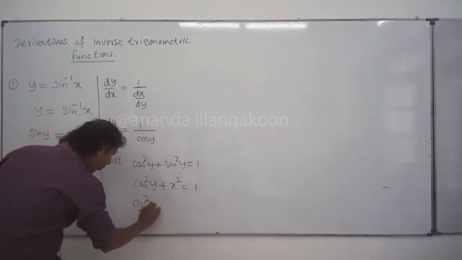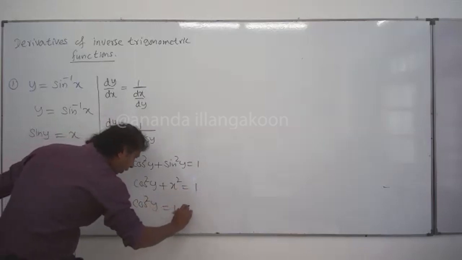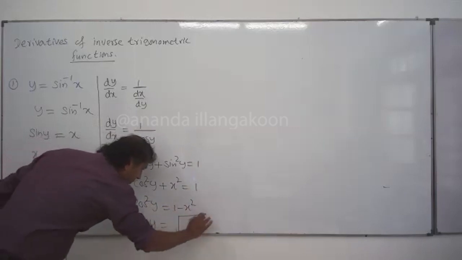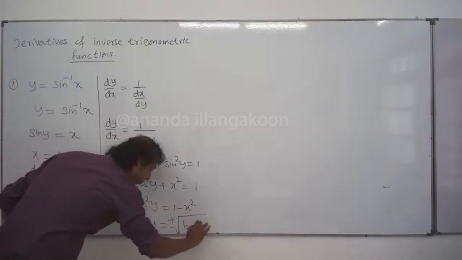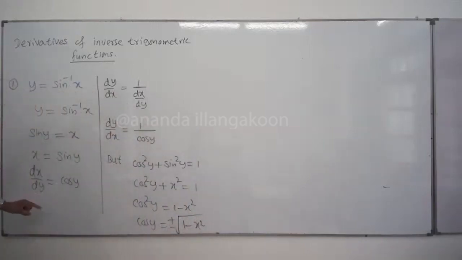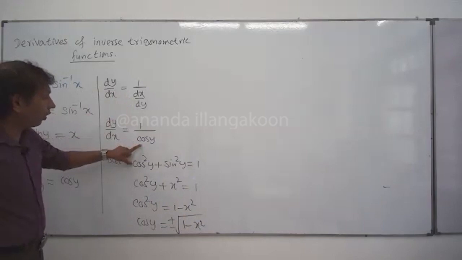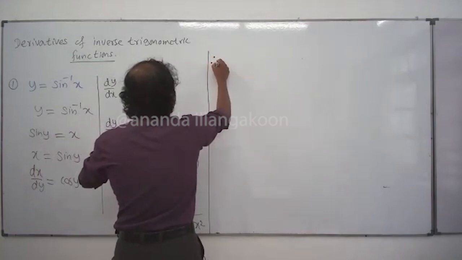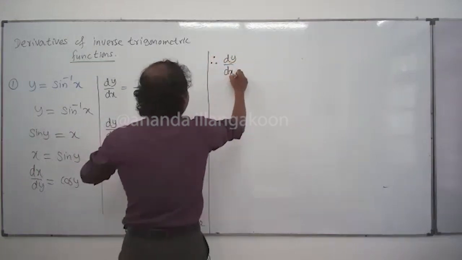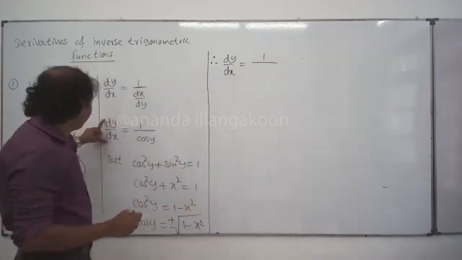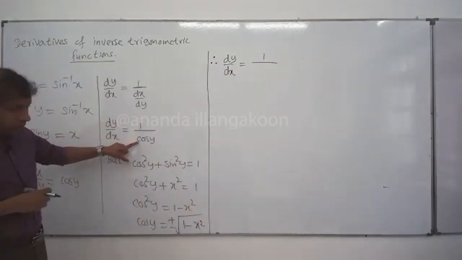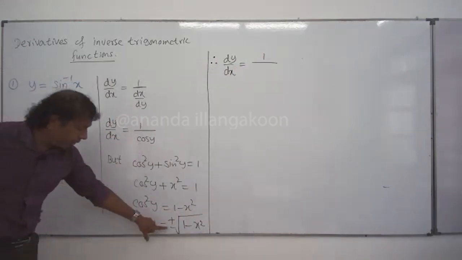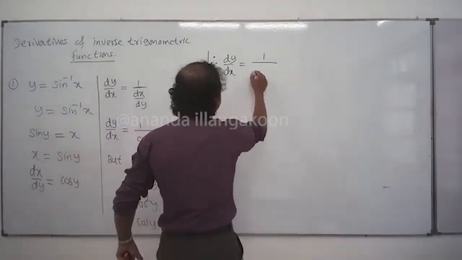Make cos squared y the subject, taking x squared to the right-hand side: 1 minus x squared. People, here for cos y we put the square root, and we have to put plus or minus. Now we substitute that for cos y. Therefore, dy by dx is 1 upon cos y, and this cos y is plus or minus square root of 1 minus x squared.